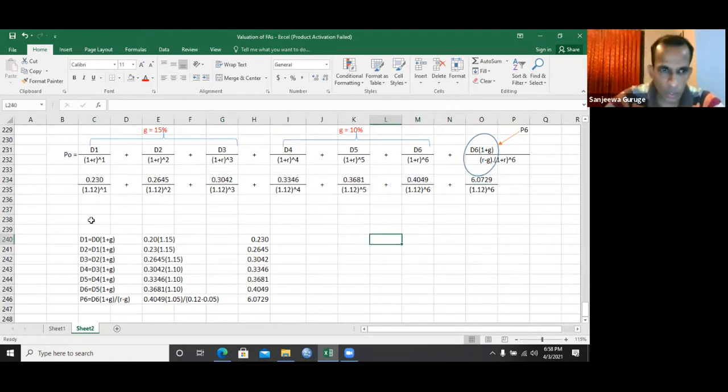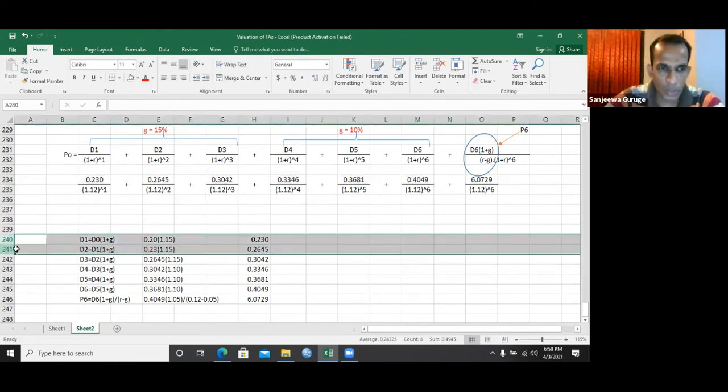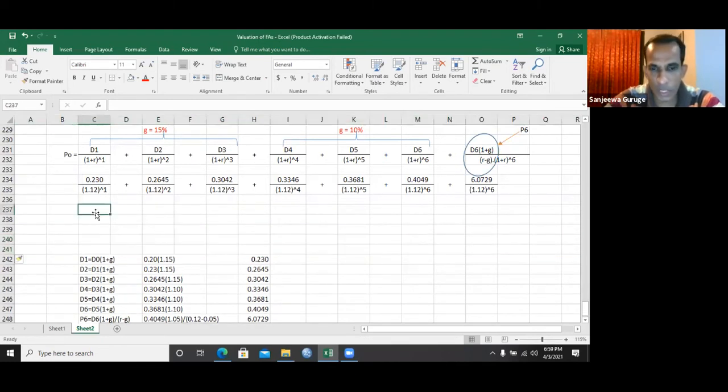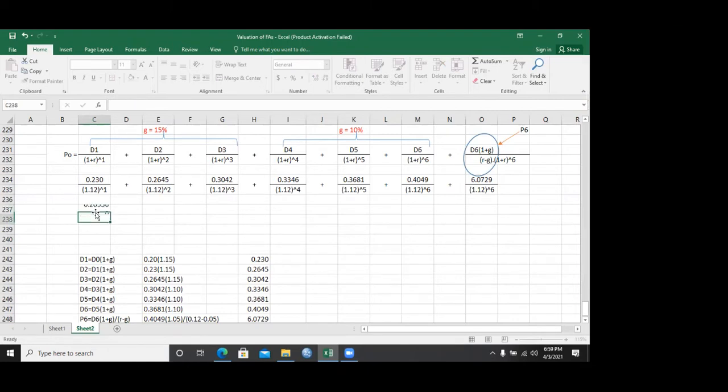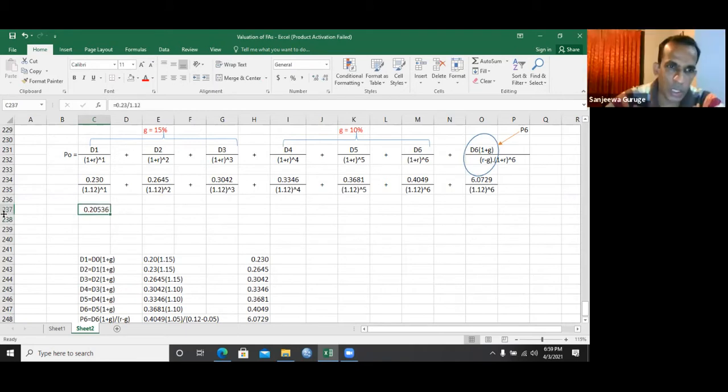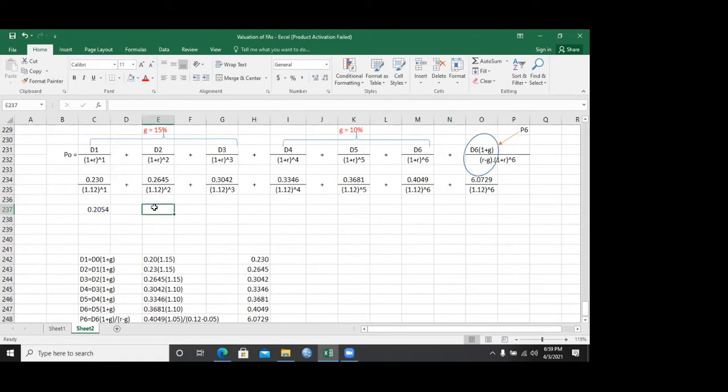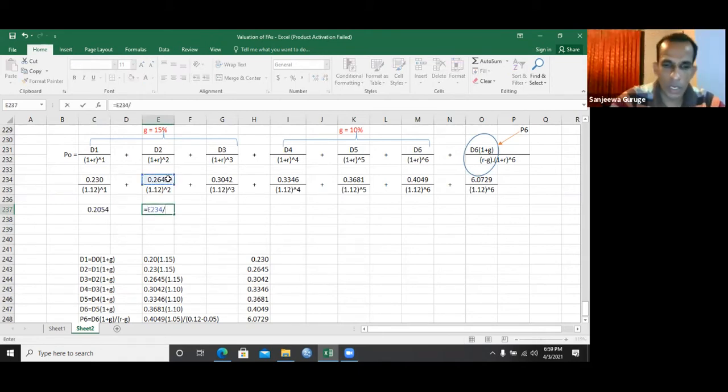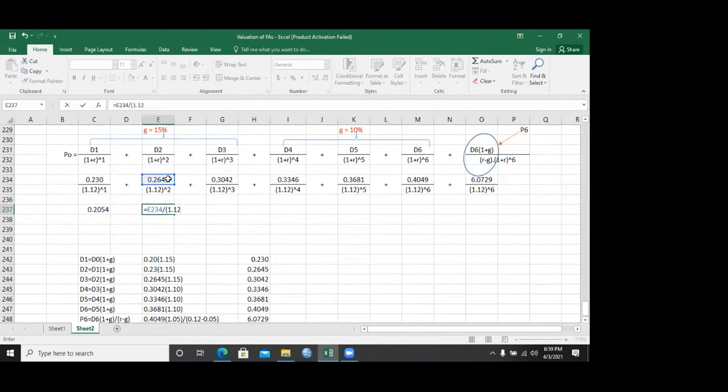Right. So when you discount this and get the total, that is the price, the fair value for this share. Right. 0.23, when you discount at 12%, what is the value? 2053. Right. So it is 0.2034. And D2, when you discount, what is the value? 2108.